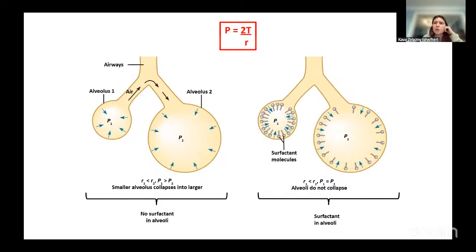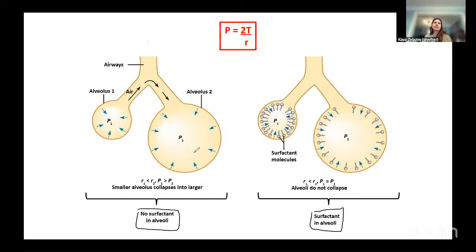So what we're looking at here are some alveoli, and we've got a comparison between what we would see in a situation where we have no surfactant in the alveoli here on the left, versus the situation we very luckily, hopefully have in our own lungs, where we have sufficient surfactant. So what we're looking at on this left-hand side here, we've got two alveoli pictured.